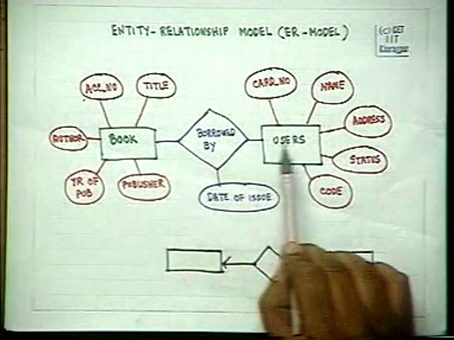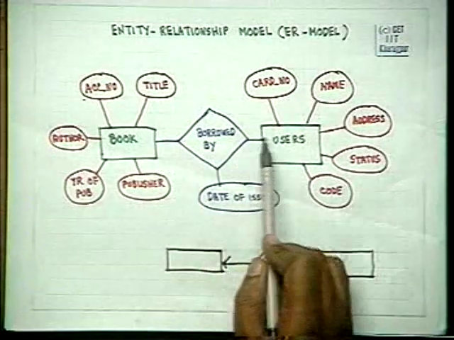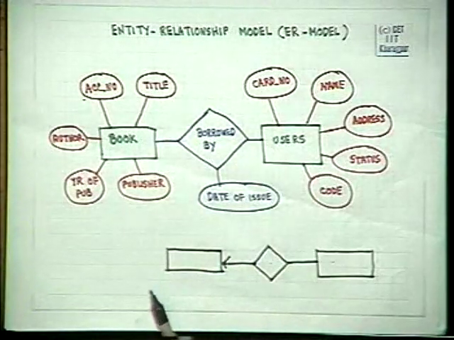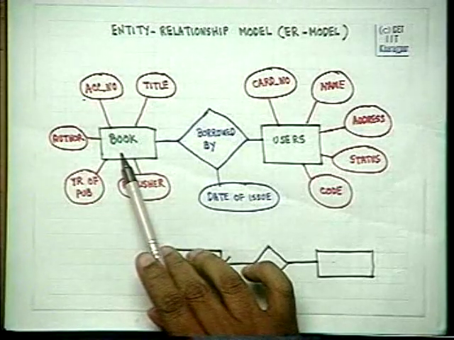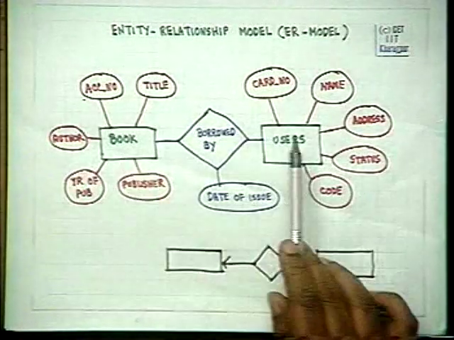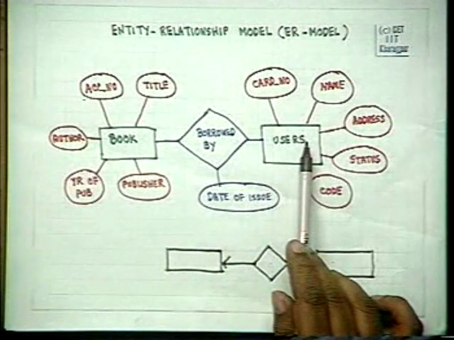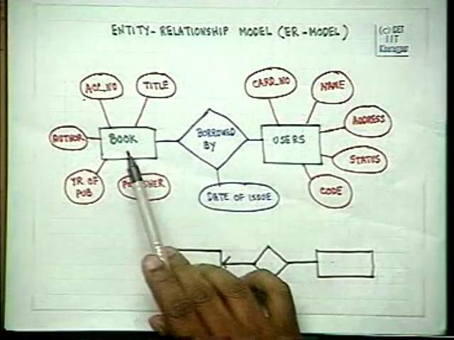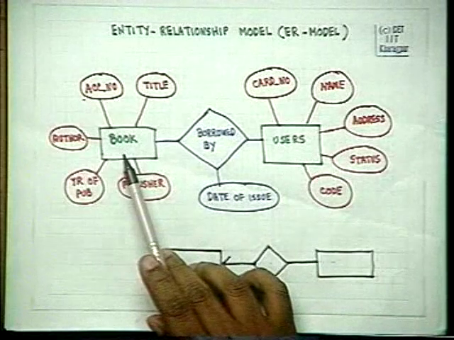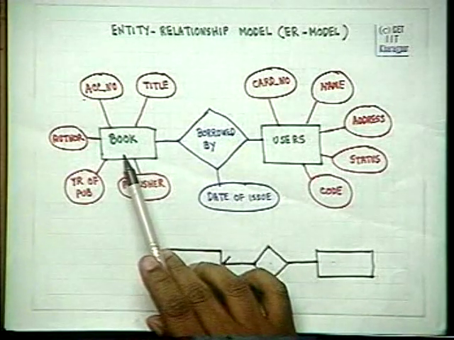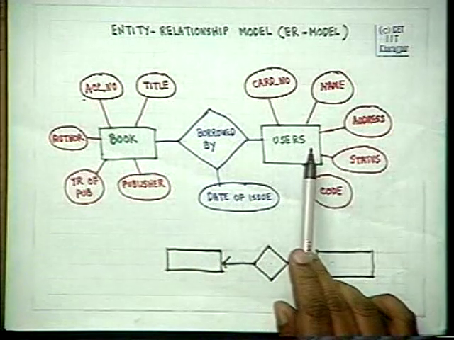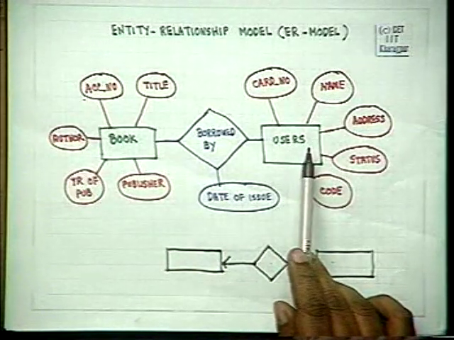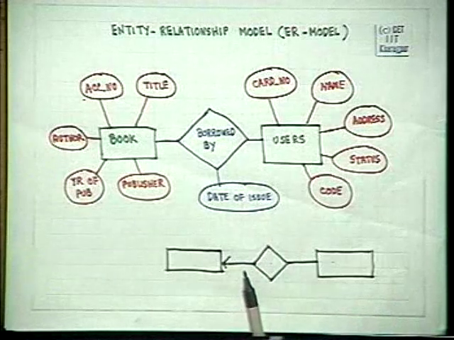Now let us come to this example. There are no arrows here. This means that this can participate in a many to one and many to many, and this can participate in a many to one and many to many. It means that a particular book may be borrowed by 2 people, and from this side it means a person can borrow more than one book.